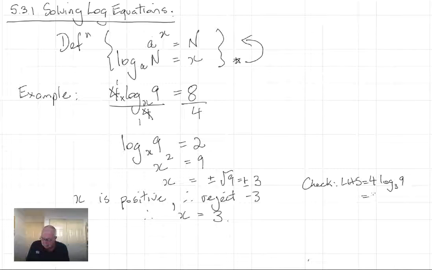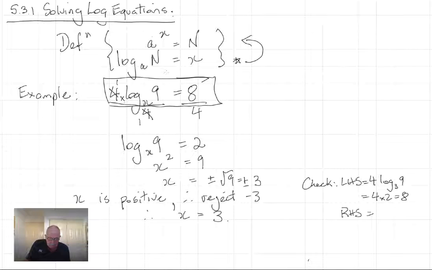That is just 2, so that's 4 times 2, which is equal to 8. Let's go back and look at the right hand side. My original equation is 4 log 9 to base x equals 8. So the left hand side equals the right hand side, so we know my answer is x equals 3.